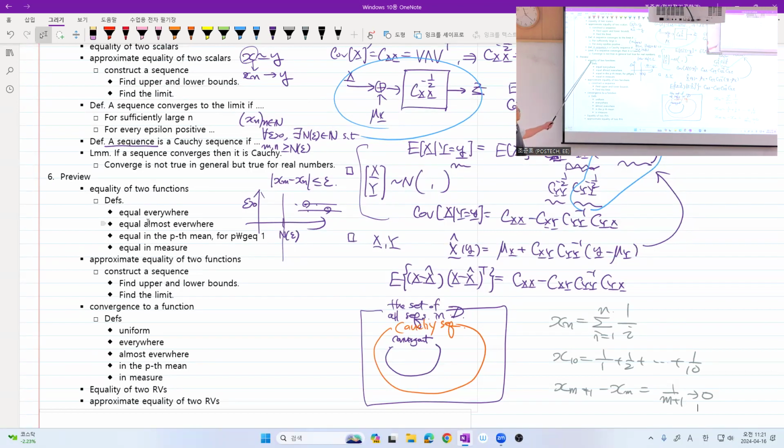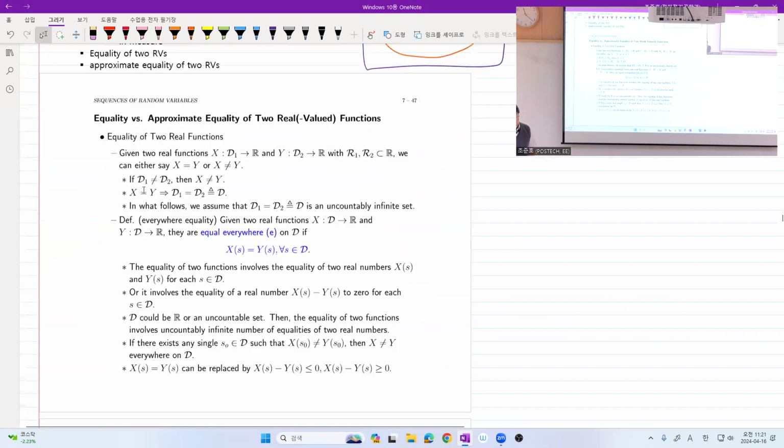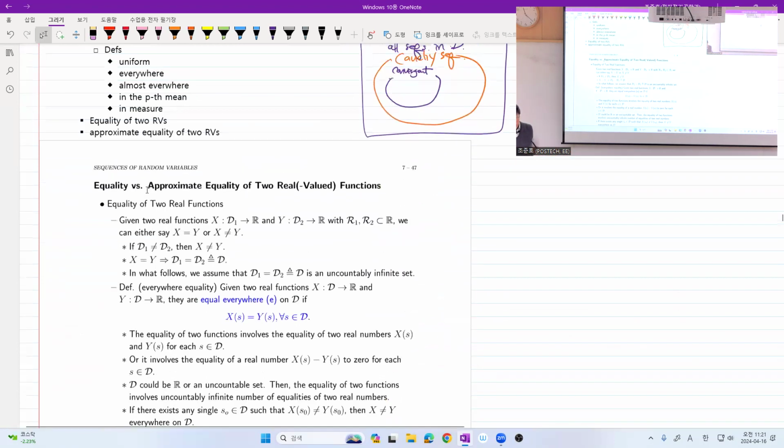Anyway, let's start from the equality of two functions. What would be the difference between the equality of two scalars and the equality of two functions? In order to understand this question, we have to remind ourselves what the definition of a function is.